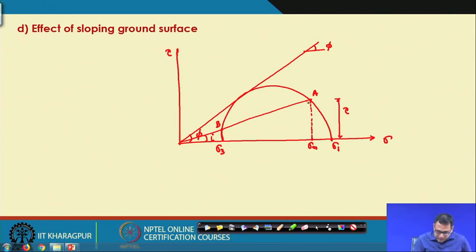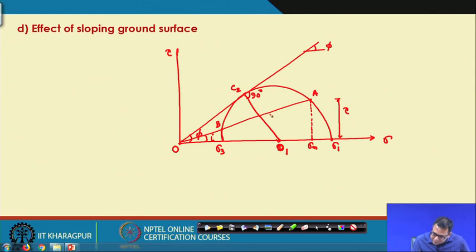So, now I can write that if this is the center of the Mohr circle, say O1, and this is the origin, and if I join these 2 points, say C2, definitely it is 90 degrees.